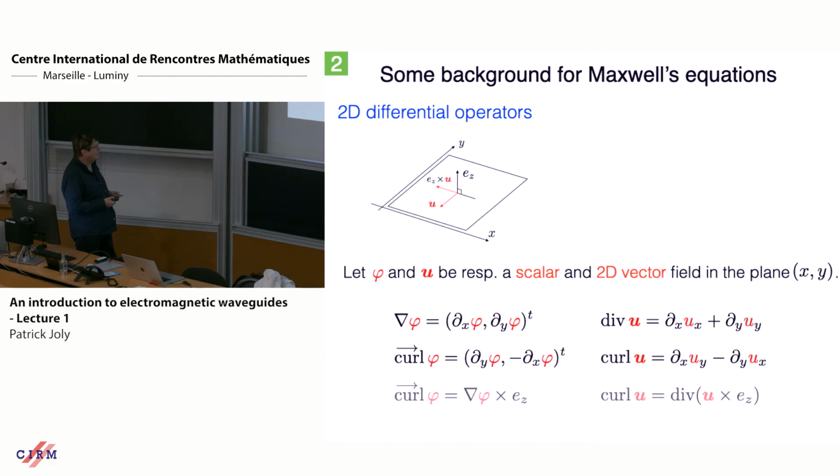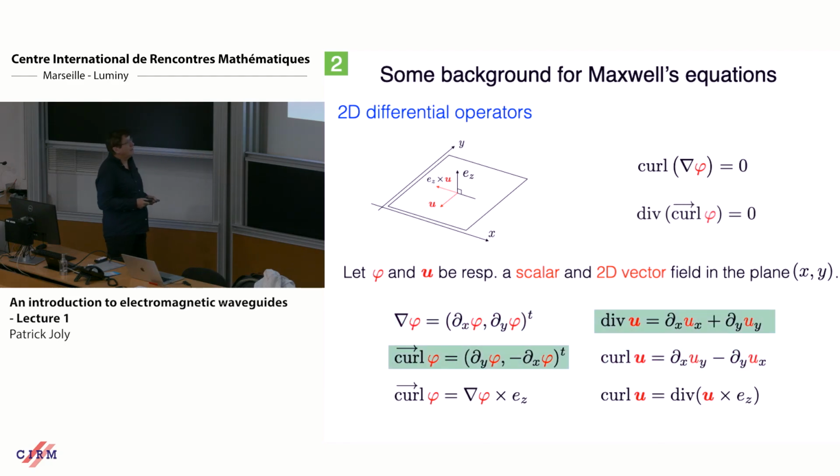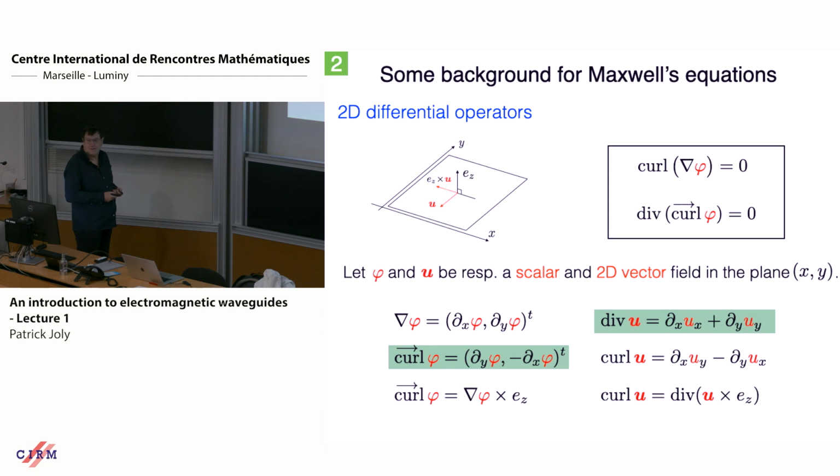For instance, the vector curl is simply the rotated gradient, as you can see immediately. And the scalar curl of a vector field is the divergence of the rotated field. A last remark, it's very simple, is that when you compose these operators in this order, you always obtain 0. For instance, the scalar curl of a gradient is 0, and the divergence of the vector curl is 0.